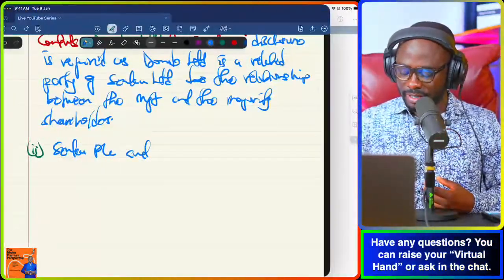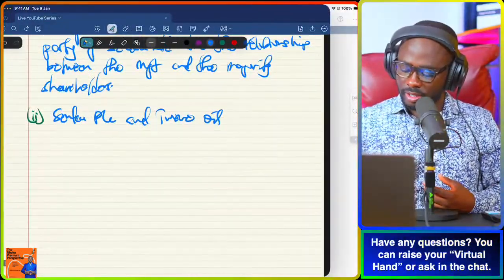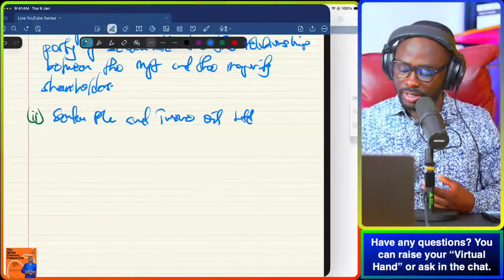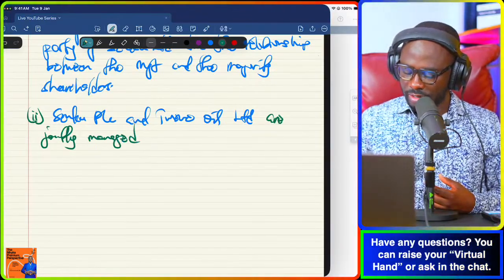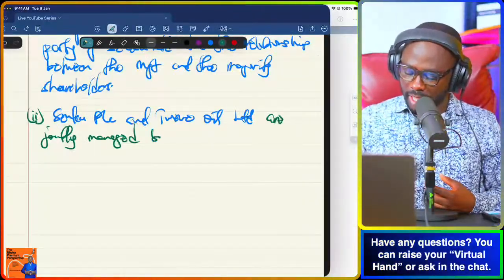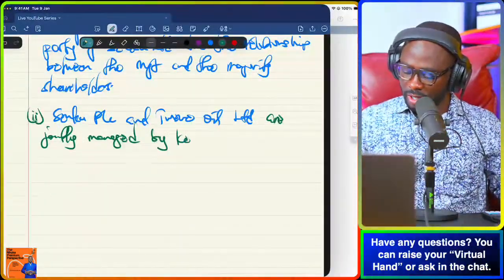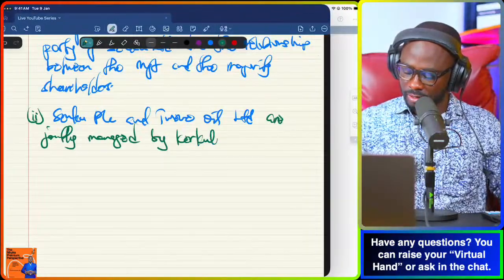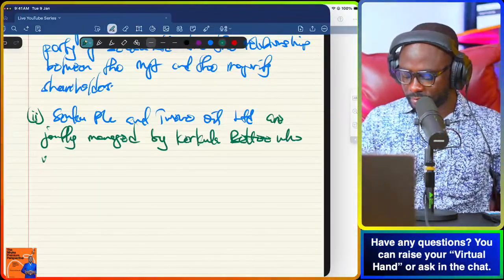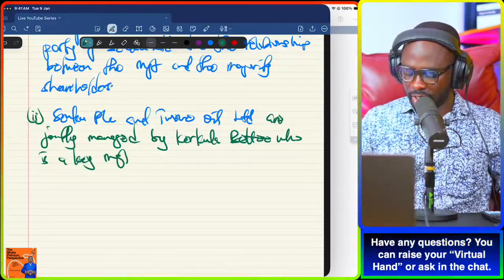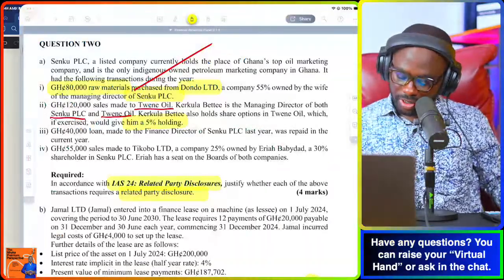So Senku PLC and Chini Oil Limited are jointly managed by Kekula Betty, who is a key management personnel. All right. A key management personnel.